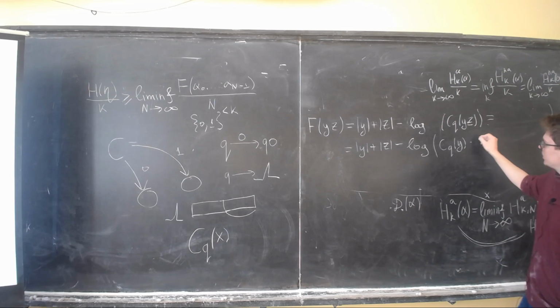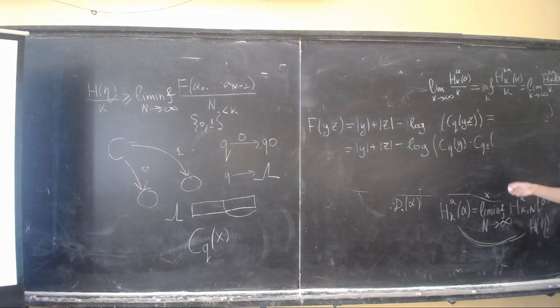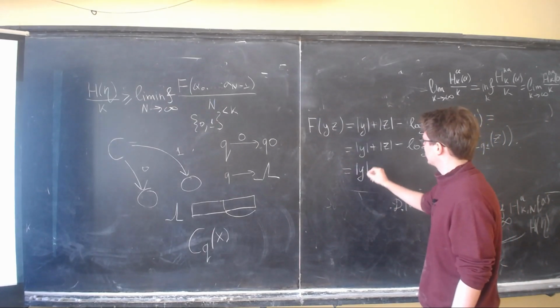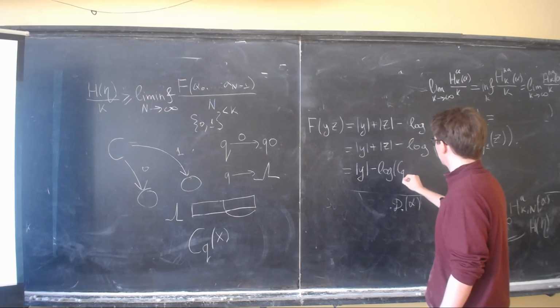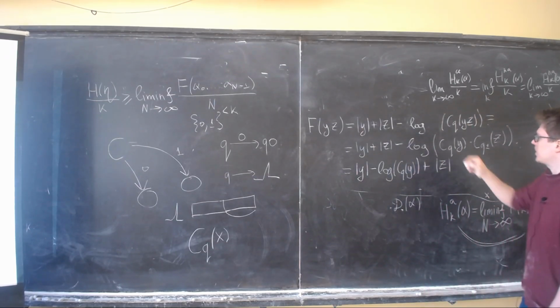Then it comes into some other state Q1, it is not important which state, and earns some money on z. So we can write the log as the sum of logs, and we will have the length of y minus log C_Q of y, and the same for z, but for some other state Q.